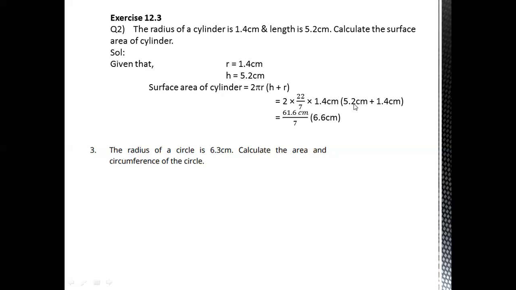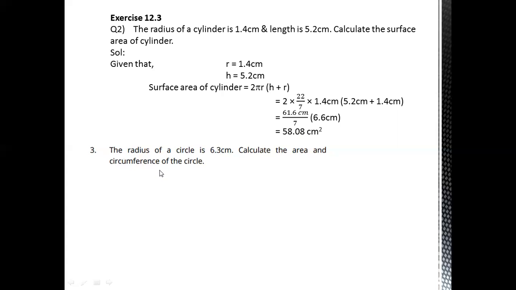And when 5.2 add with 1.4, you get 6.6. Now this 6.6 multiply with 61.6 centimeter, and then divide by 7. So we get 58.08 centimeter square, because centimeter multiply with centimeter, centimeter square.